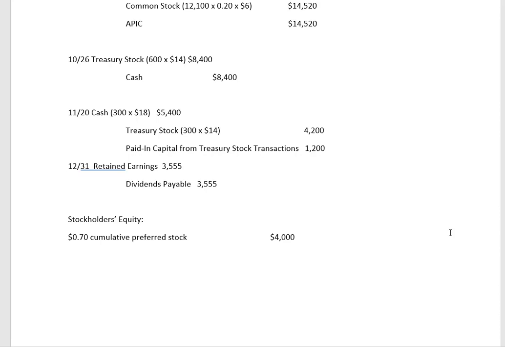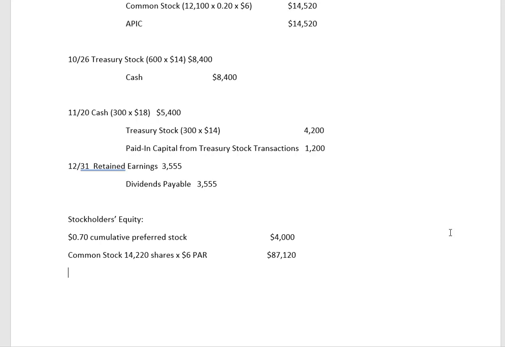I'm just copying that up from the information they gave us in the old balance sheet. Common stock. So how many shares are issued and outstanding? Well, we just did that math. 14,220 shares times $6 par. So that should equal 87,120.